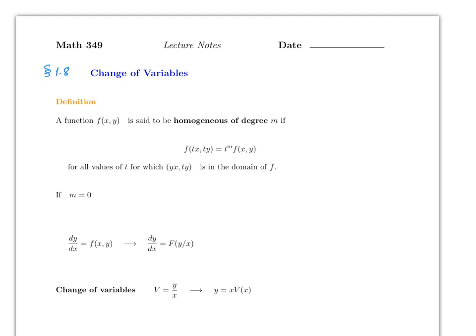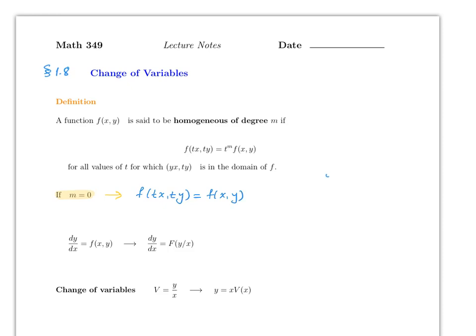Now, we are going to focus only on the case where the value of m is equal to 0. That means that for our purpose, homogeneous of degree 0 is going to be this: f of tx, ty is just equal to f of x, y.